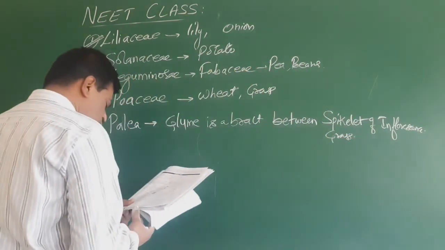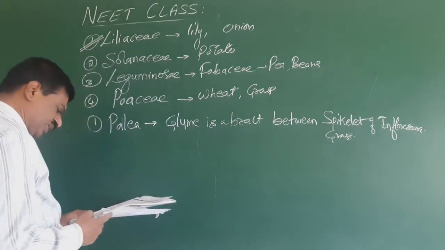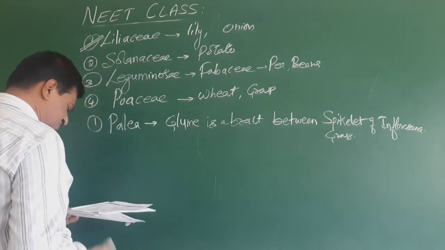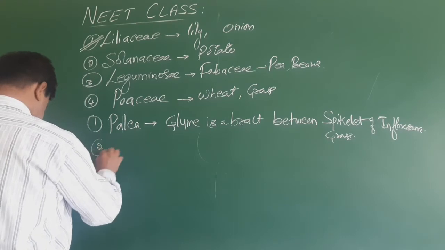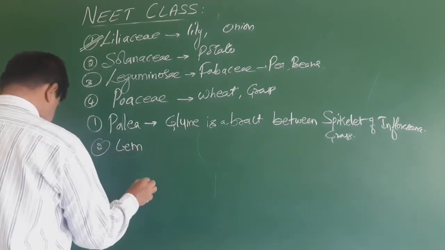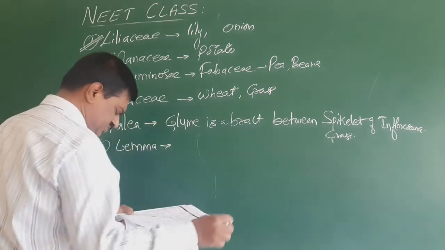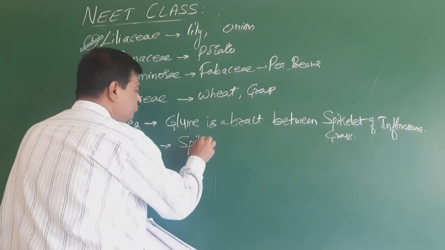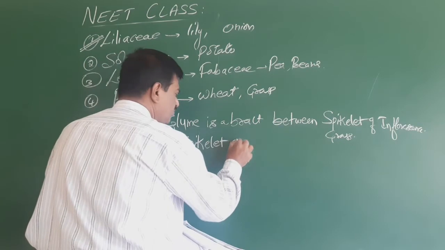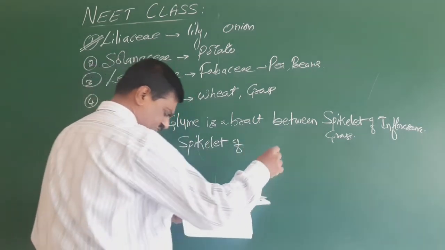That is one. So we go for the second one, which is called lemma. This lemma is the spikelet of grasses.